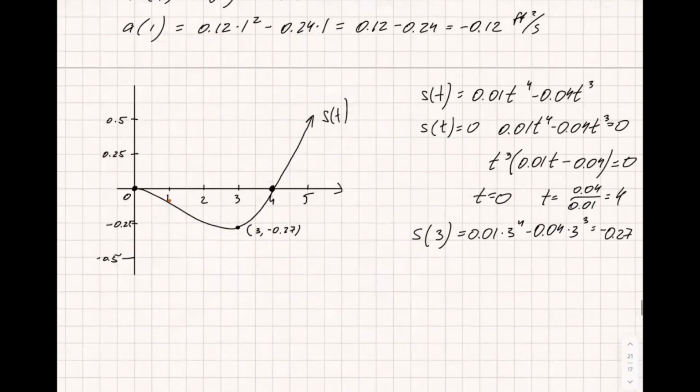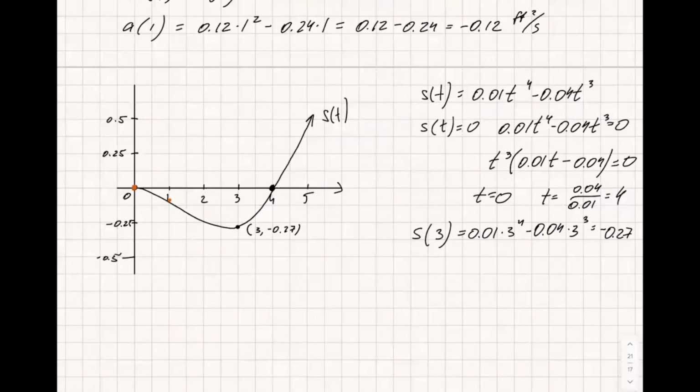So I would expect to have a point (0, 0) here and (3, 0) right here as well. Since at 1 second I have it under the x-axis, I'm expecting this type of behavior.